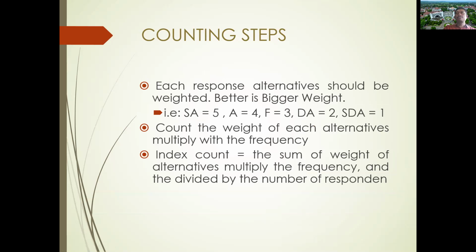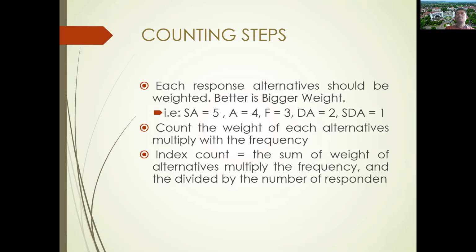And what do we have to do? That is the counting steps to analyze the index. The steps would be: the first, the response alternatives should be weighted. The principle is better is bigger. Strongly agree means 5, agree means 4, fair equals 3, disagree equals 2, and strongly disagree equals 1.